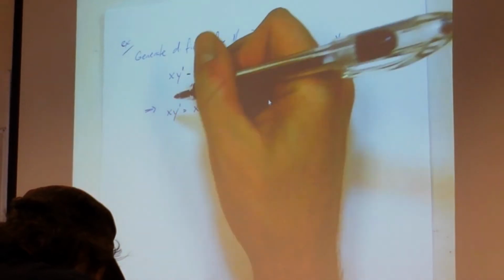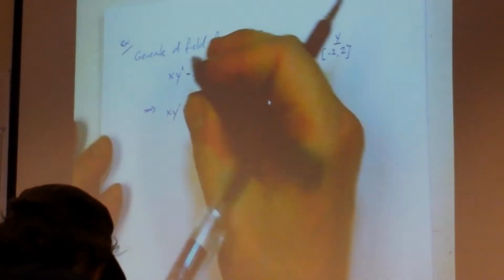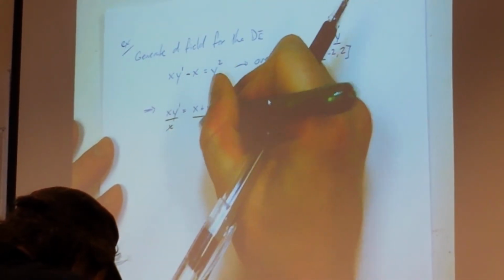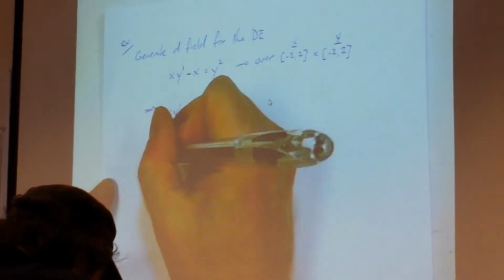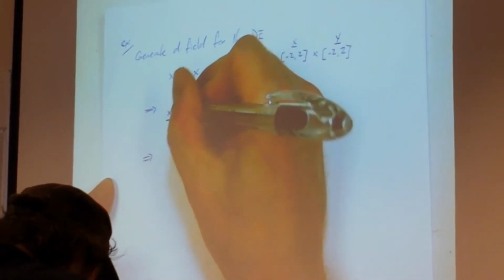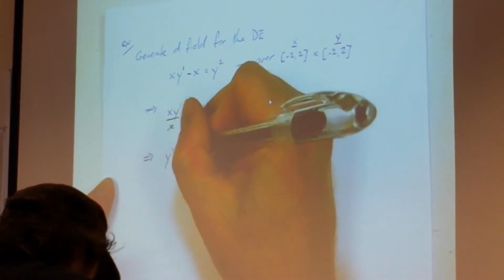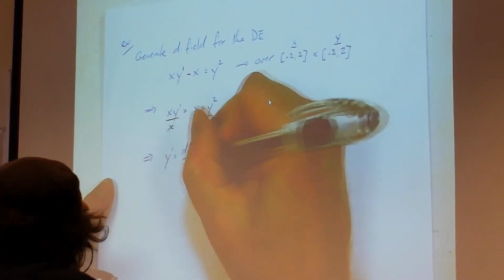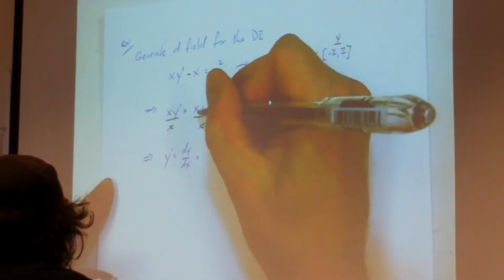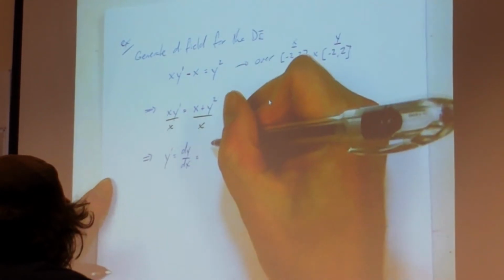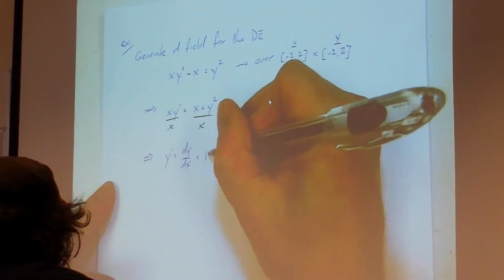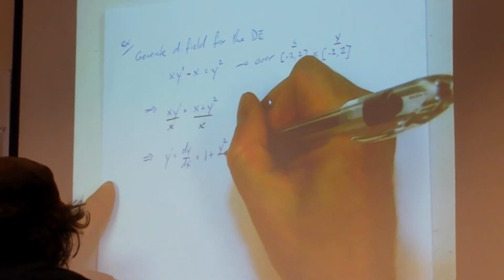If we then divide both sides of that by x, same algebraic techniques as every other algebra class, you can isolate the y prime, or call it dy dx. x plus y squared over x, or 1 plus y squared over x.